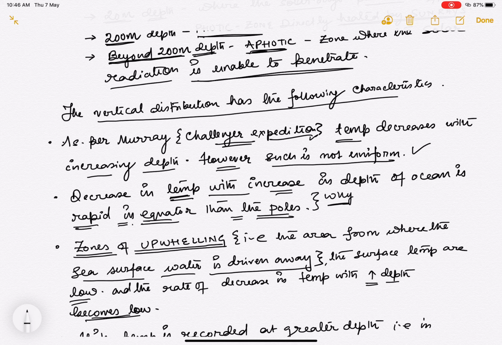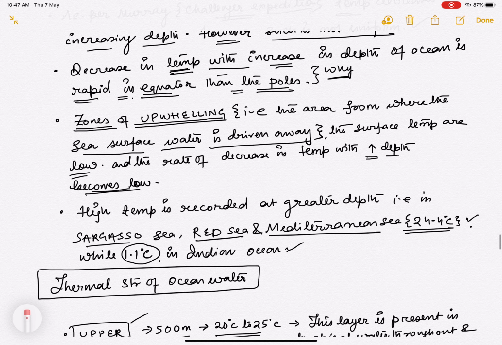Means in the equator you will find the temperature is 24 degrees centigrade on the surface, and as we go down, all of a sudden it becomes 10, means a drastic drop. But in the polar regions the temperature is almost 10. If you go down it's 8, if you again go down it's 7. Means the temperature decreases not that drastically when compared with the equatorial regions.